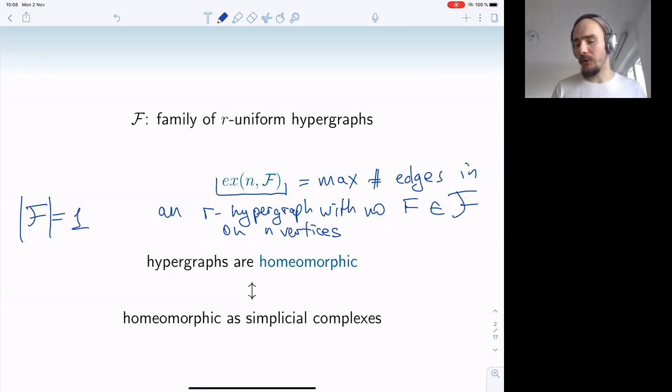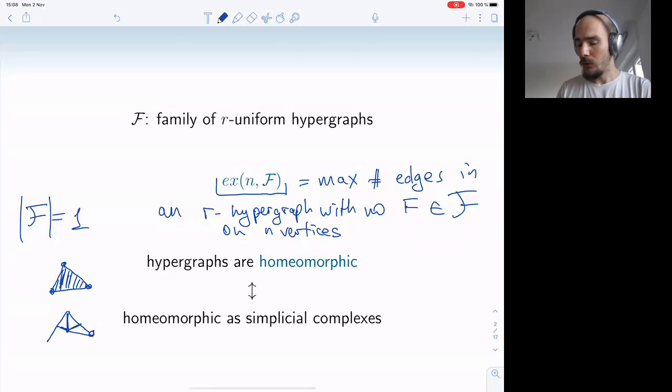So for example, if your hypergraph is just an edge, say a 3-edge, so a triangle, then of course you can subdivide this triangle in, say, this way, and this would be a collection of edges already, so 6 edges.